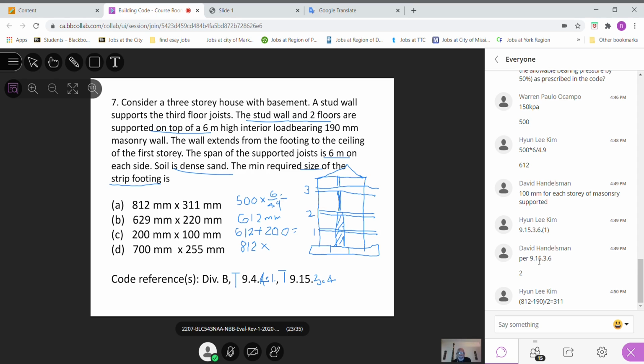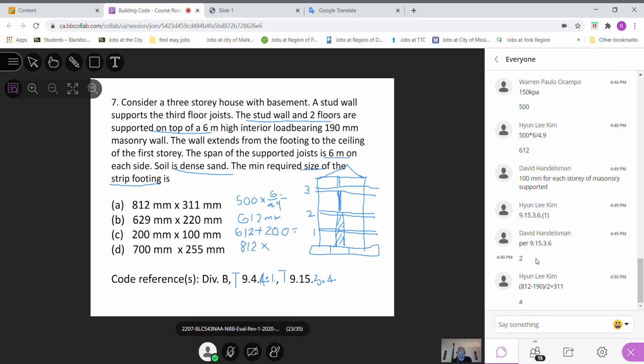So the answer would be A, right? So we take away the 190 and divide by 2, and we end up with 312, 311. Yeah, that would be our answer.